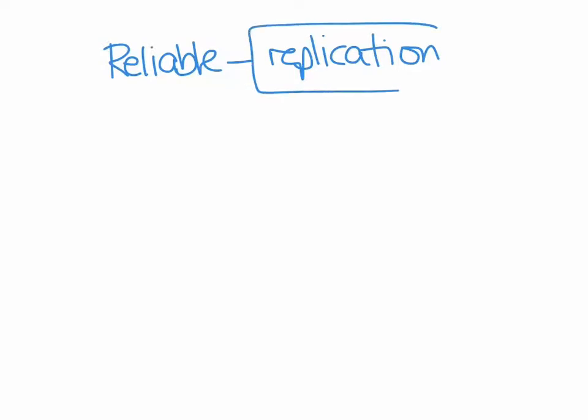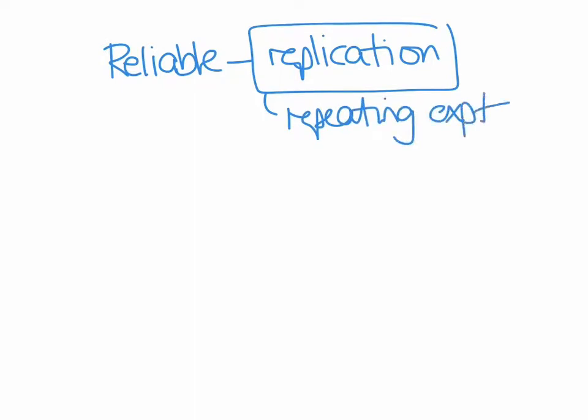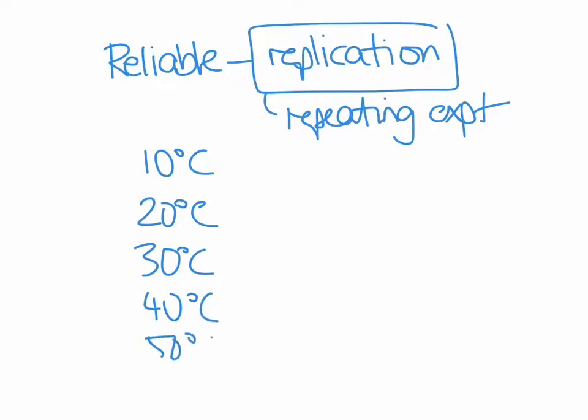So replication means repeating the experiment. So if you did it at 10 degrees Celsius and 20 degrees Celsius and 30 and 40 and 50, you would have to do it maybe 3 times or more at each of those temperatures to get reliable results.